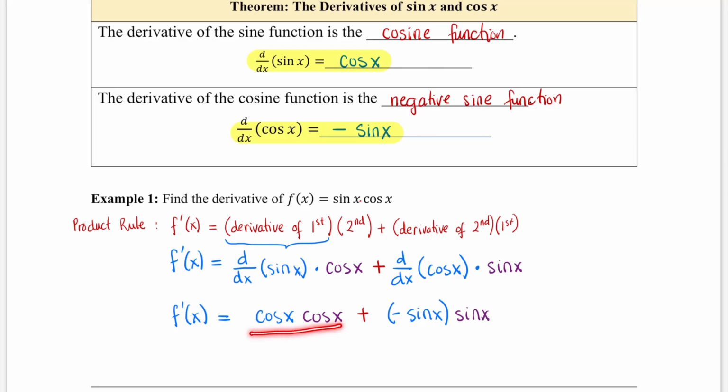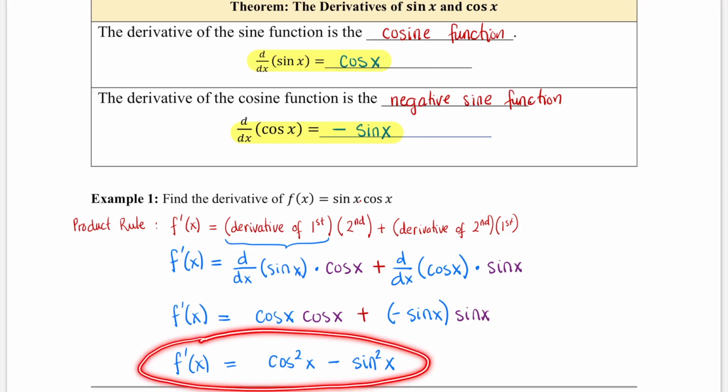Cosine x times cosine x is cosine square x. Negative sine x times sine x is negative sine square x. So the result is f prime of x equals cosine square x minus sine square x. And that is the derivative.